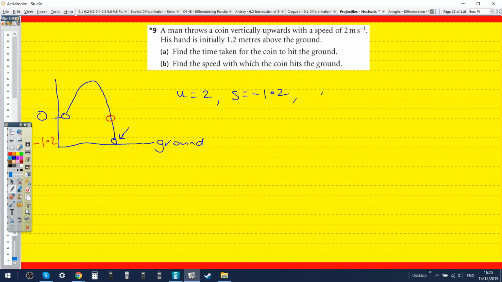We know A would be minus 9.8, and T is what we're looking for.